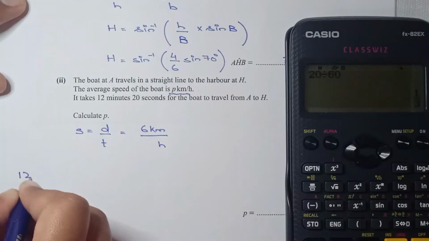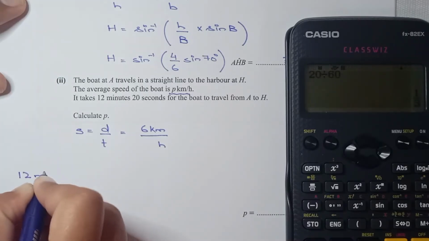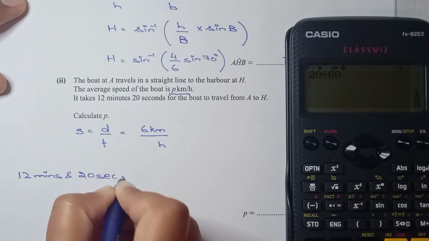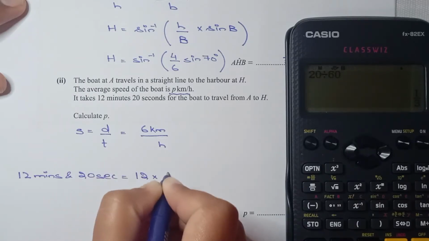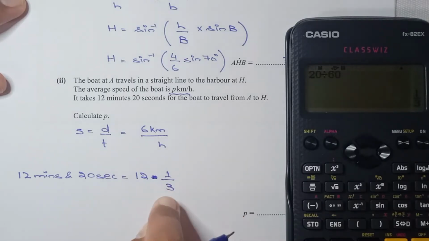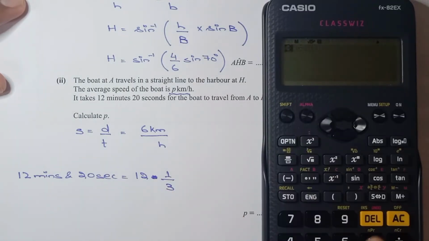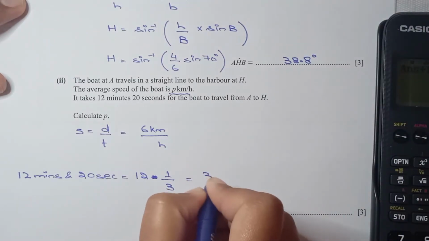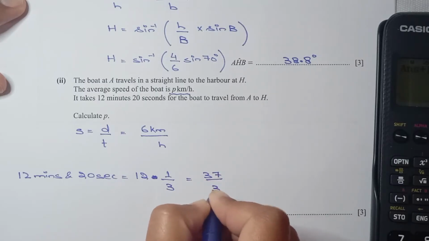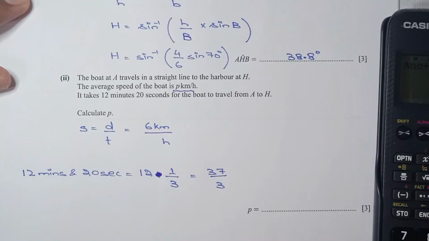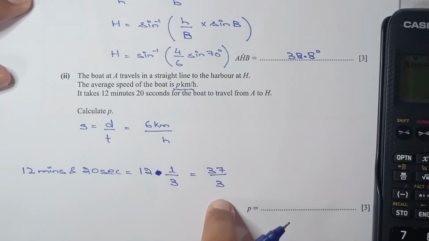So 12 minutes and 20 seconds would be 12 and 1 by 3. 3 times 12 and then plus 1, this would be 37 out of 3, and this is in minutes.